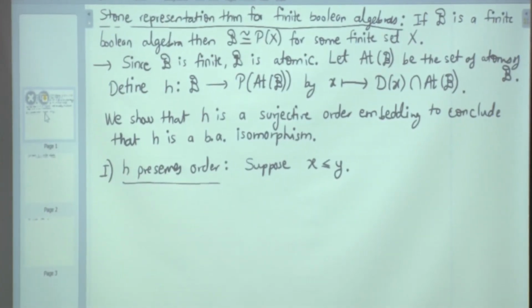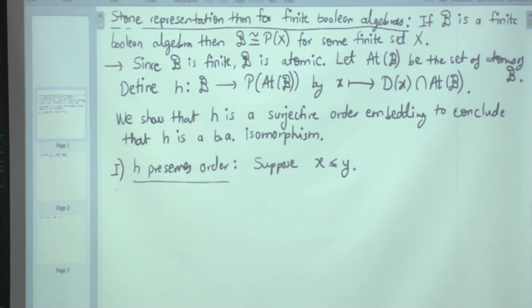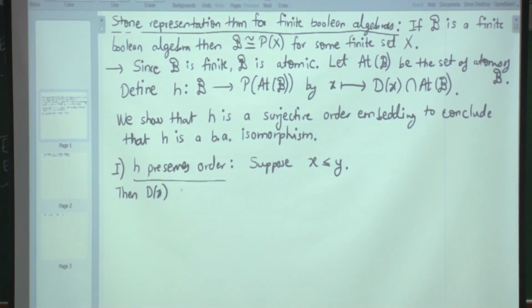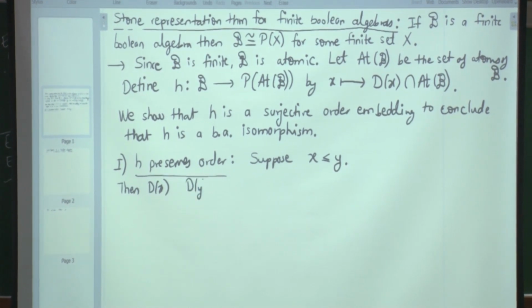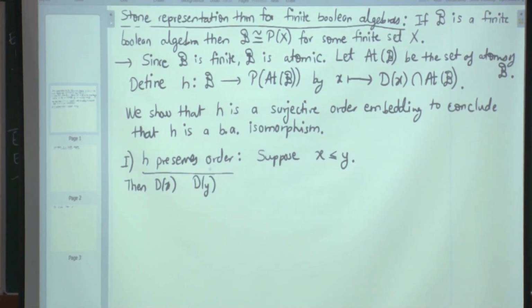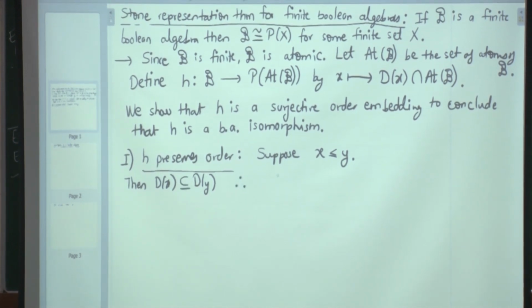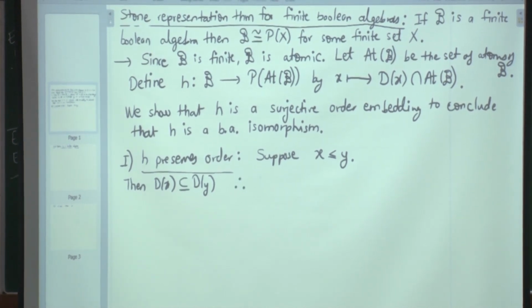So suppose X is less equal Y, then what will happen? Then what can you say about the downsets of X and Y? The downset of X is a subset of the downset of Y, and therefore when you take intersection on both sides with the set of atoms of B, it is also contained.